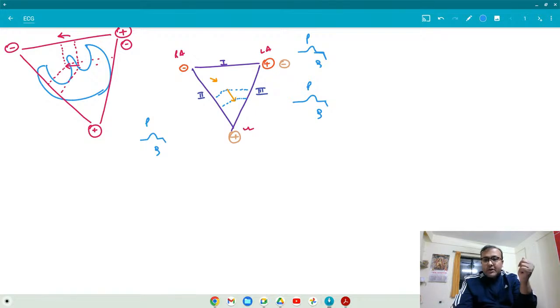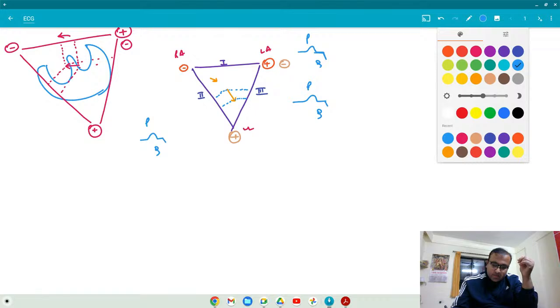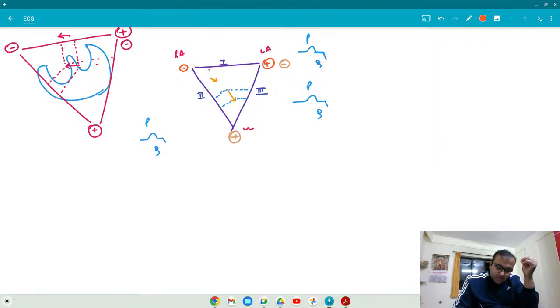Now you talk about it and tell me your expectation about lead 1. Major ventricular depolarization, the middle picture in orange. The rest we have done. This one was done already.